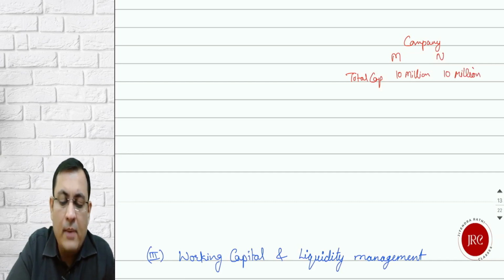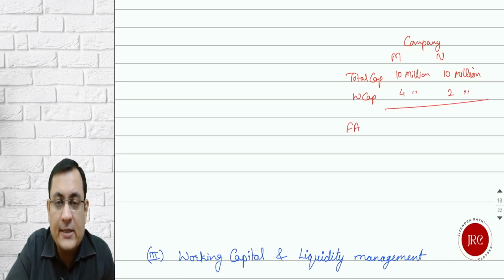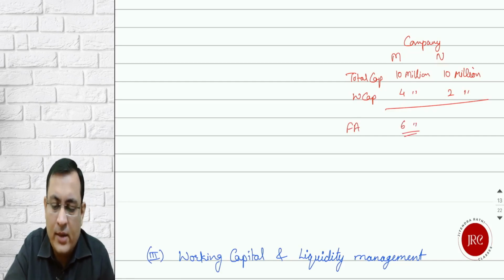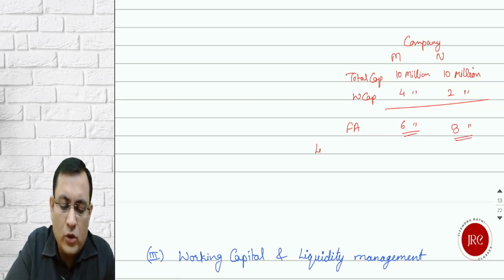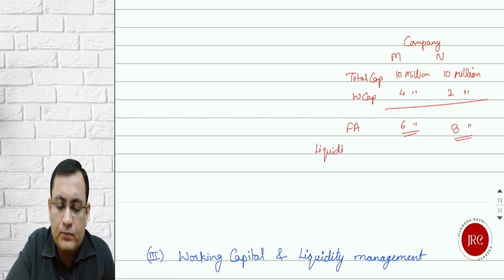Now, if M decides to hold 4 million in working capital and N decides to hold only 2 million, the net funds available for fixed assets, long-term assets, in case of M is 6 million, and here it will be 8 million. So of course, from liquidity point of view, M is having higher liquidity and N is having low liquidity.